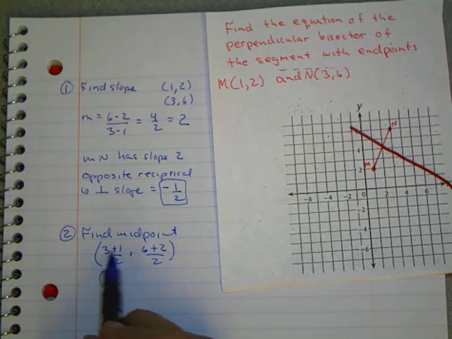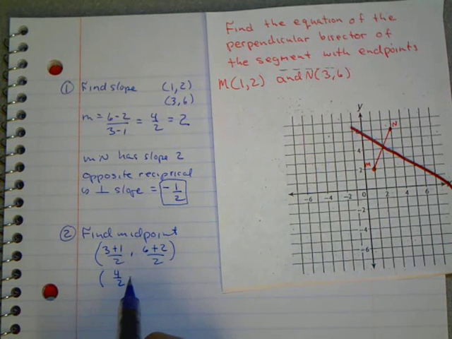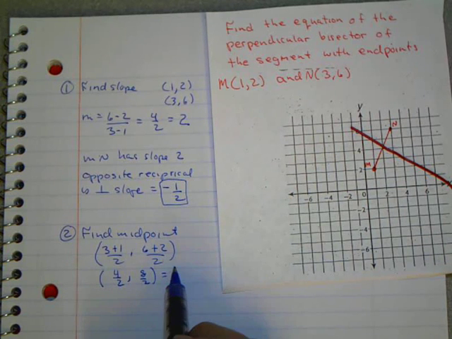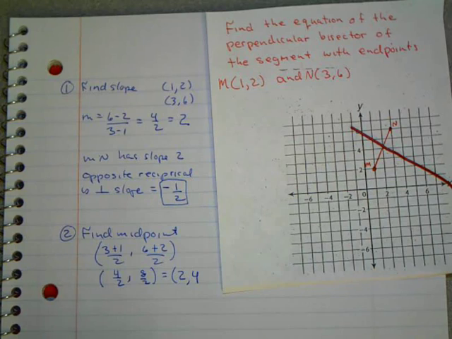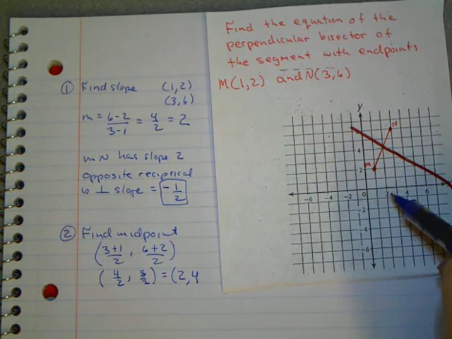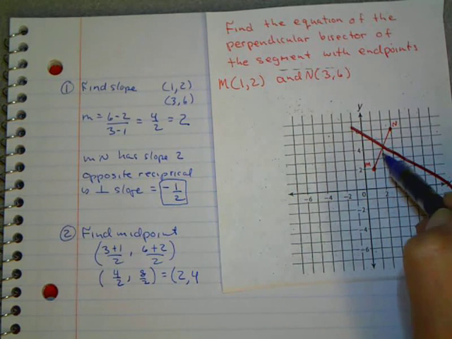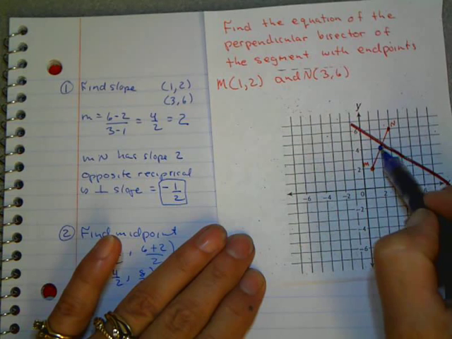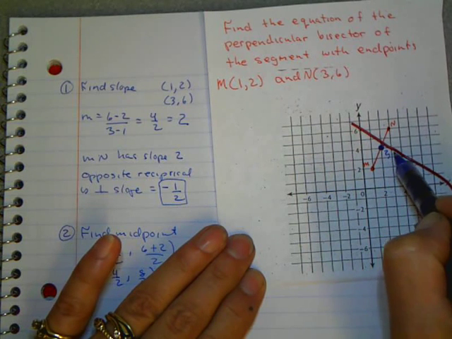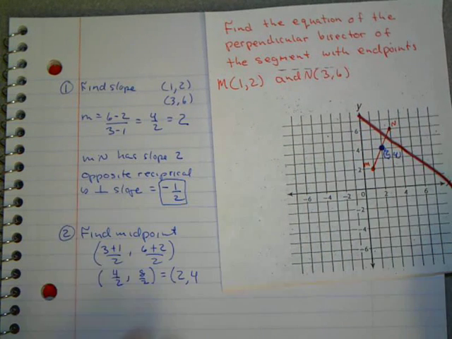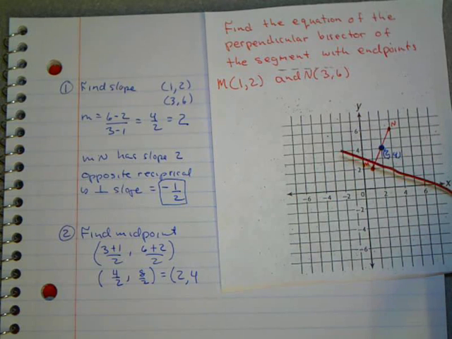When I work this out, 3 plus 1 is 4, 6 plus 2 is 8, and that'll give me a midpoint of (2, 4). When I look at that on my graph, I see here's my point (2, 4), and I can see that that midpoint is indeed right in the middle, where I suspected that perpendicular bisector should go.